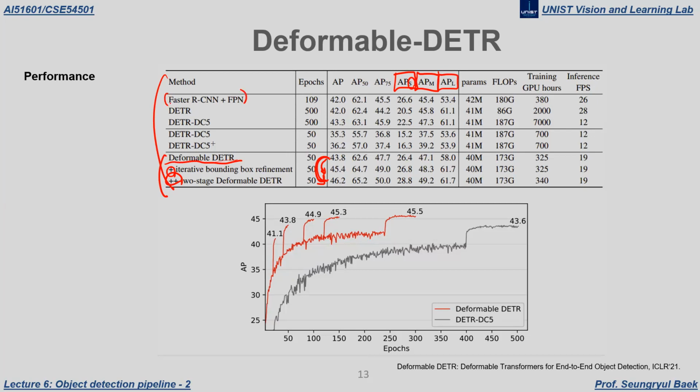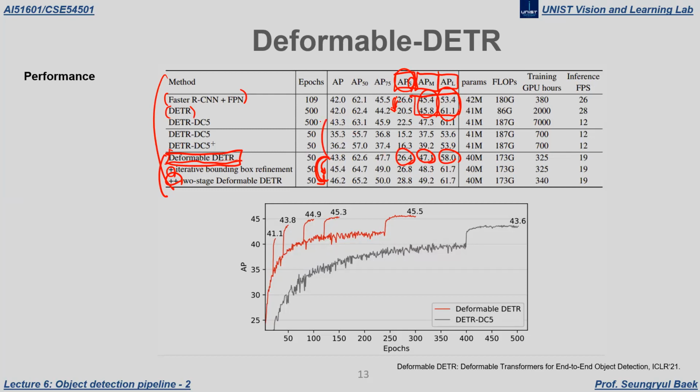Compared to fast RCNN, the DTR's performance was less for small objects, okay? Middle scale is comparable, and for large scale objects, DTR is far better. But for small scale objects, the DTR's accuracy was less than that of fast RCNN, right? But the deformable DTR is better than fast RCNN for all scales, right?